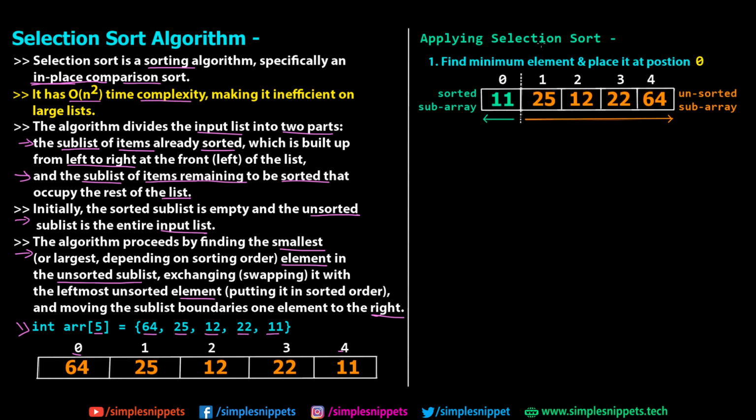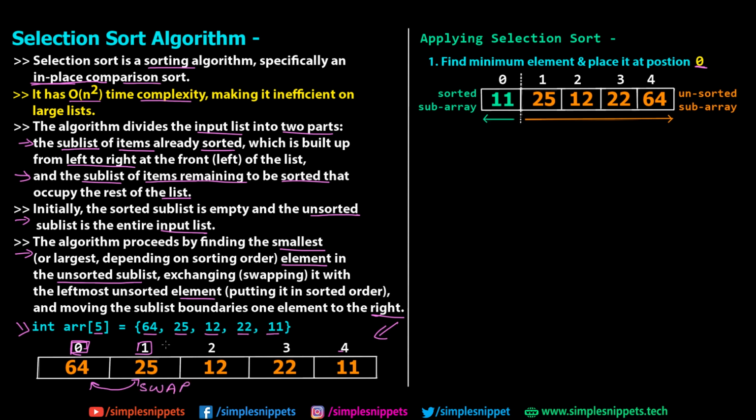So when you apply selection sort, the first step is find the minimum element and place it at position 0. So when you apply the selection sort on this array, initially in step number 1, we select the 0 index position, okay? And we check all the values and we compare it with this value. So we will start off from 1, we will check the value at index position 1, 25. If 25 is smaller than the value at position 0, we will make the swap, right?